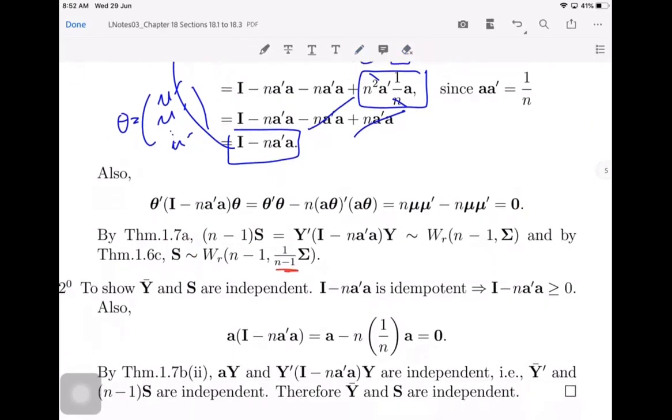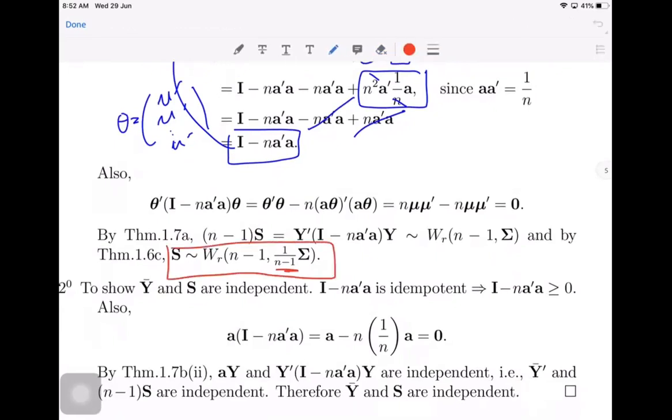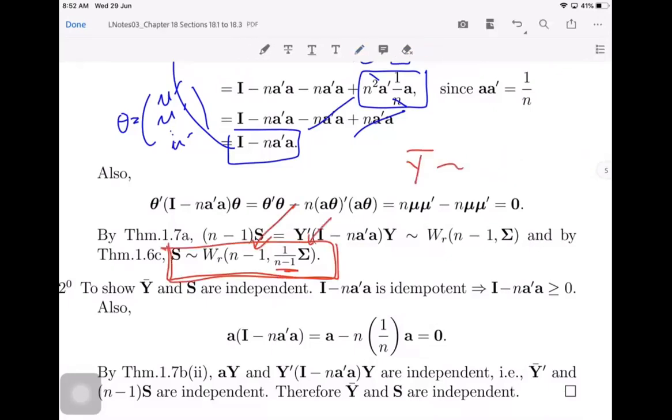So we have shown the distribution of your Y bar, which is normal with mean mu and covariance 1 over n sigma. And we have shown that your S is Wishart with n minus 1 degrees of freedom and covariance matrix sigma over n minus 1.